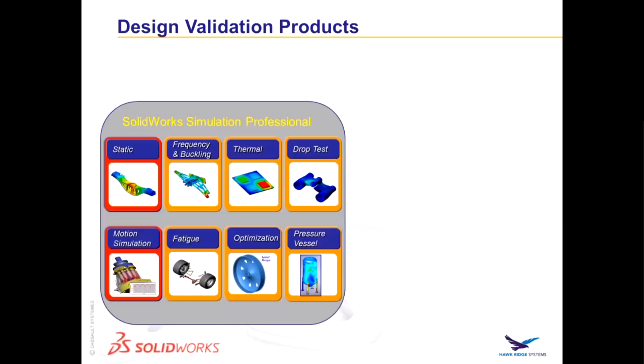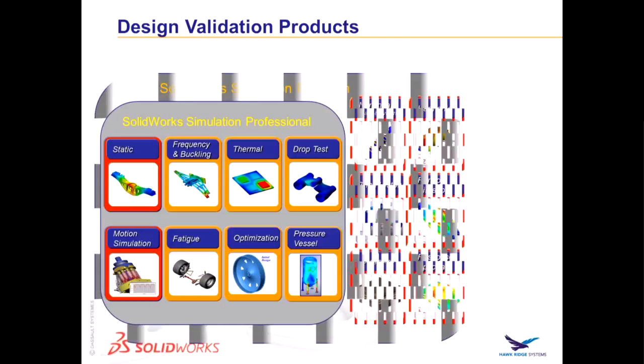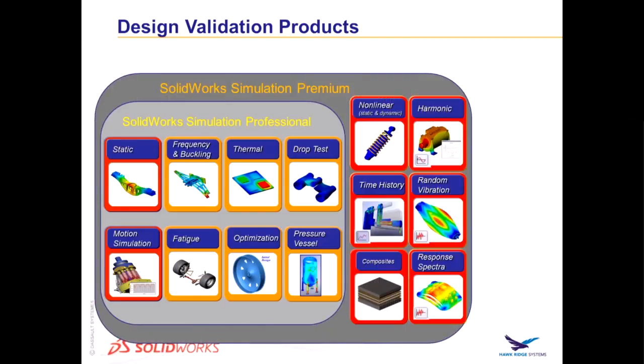For example, the thermal analysis is going to check for a temperature limit, or the fatigue analysis will give you an estimate of repeated loading cycles, or the frequency analysis will tell you what the natural frequencies and mode shapes of your object are. Beyond that is the highest package we have, called SOLIDWORKS Simulation Premium. And that's the level of the software which is going to include these nonlinear and dynamic capabilities.